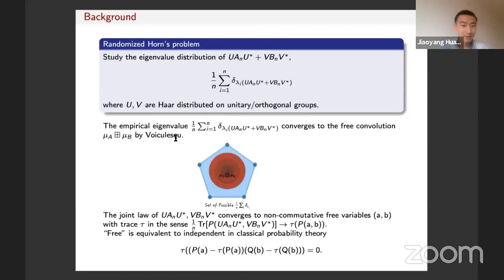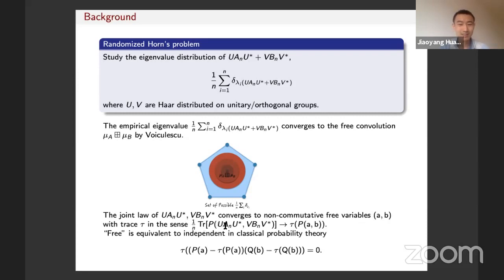Actually, Voiculescu proved more. He showed that the joint law of these two matrices, U An U star and V Bn V star, converges to non-commutative free variables A and B with a trace tau. Because these two matrices don't commute, their limits will not be commutative.